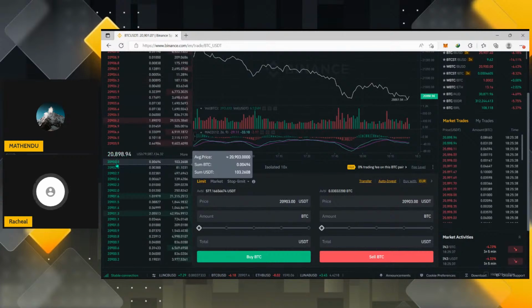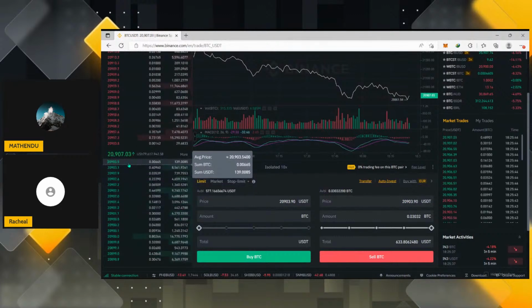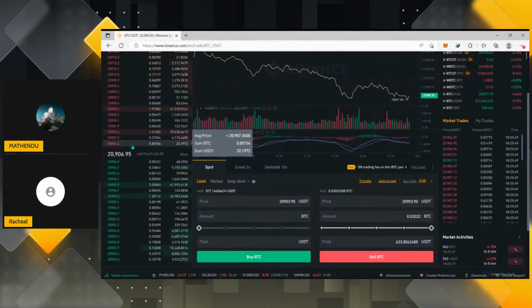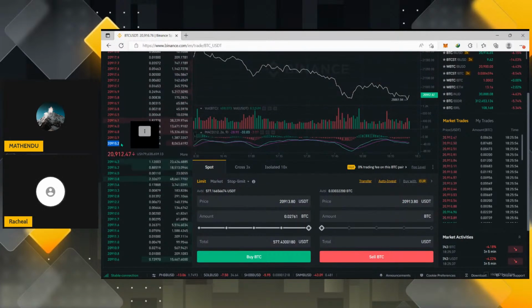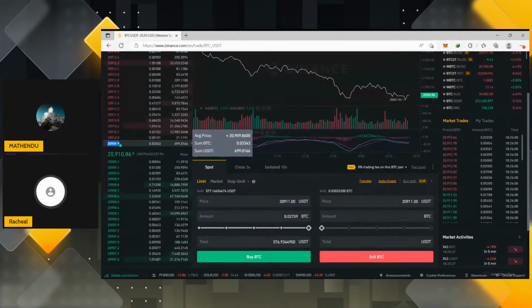The next one down here is the highest price, the price at which someone is willing to pay to get Bitcoin. And the lowest one here in red that I've highlighted is the lowest price someone is willing to sell at.